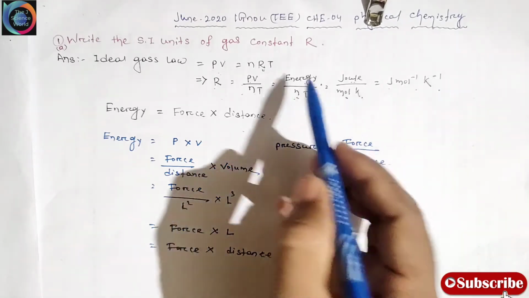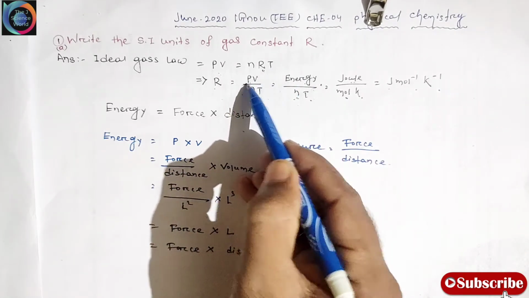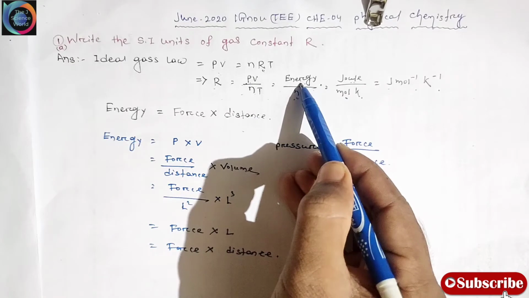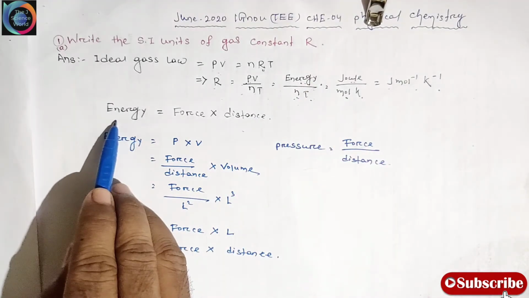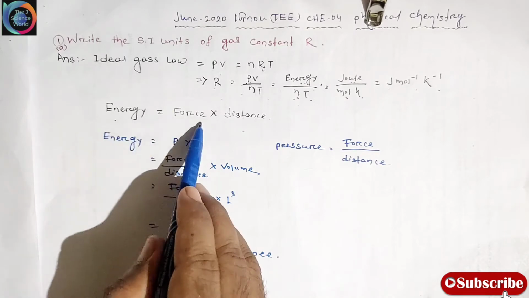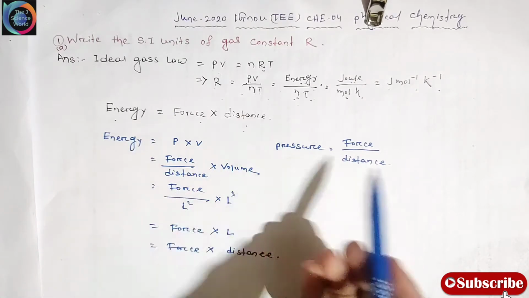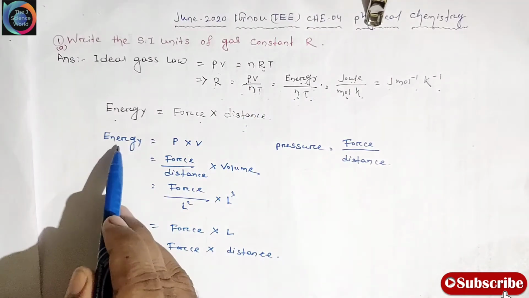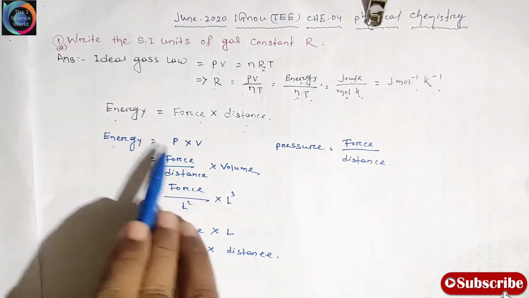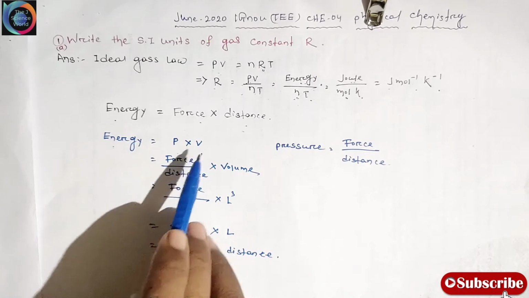Friends, why did we use energy in place of PV? Let's try to understand. Energy is equal to force into distance. So we write energy is equal to pressure into volume.